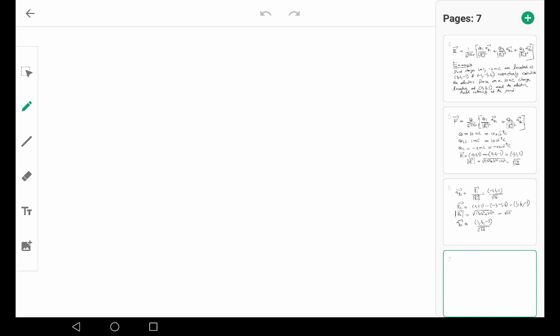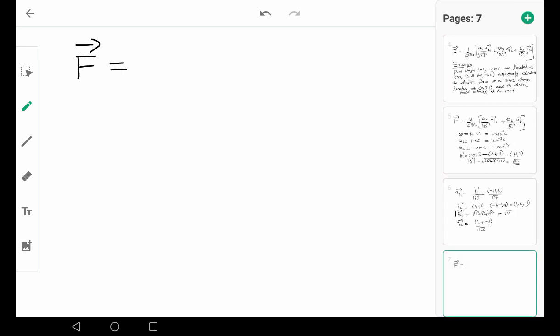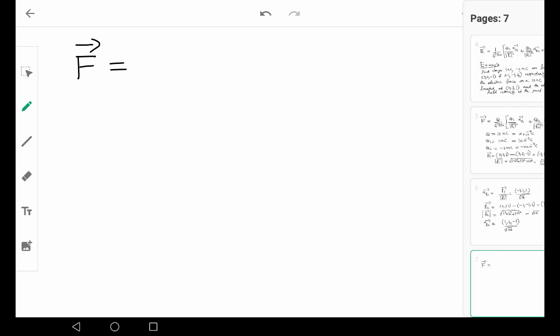We will write the force F equal to, you can see Q is 10 into 10 raised to minus 9, divided by 4 pi into 10 raised to minus 9 by 36 pi.